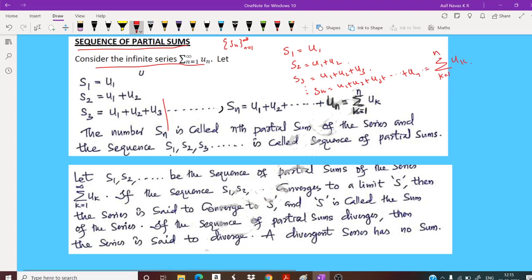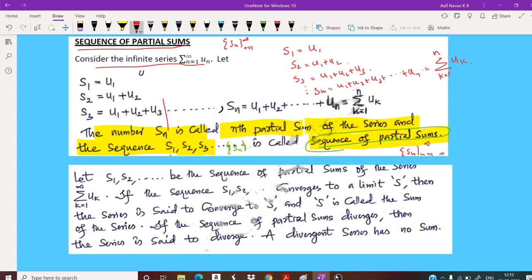Then the number Sn is called the nth partial sum of the series, and this sequence S1, S2, etc., Sn, etc. is called the sequence of partial sums.